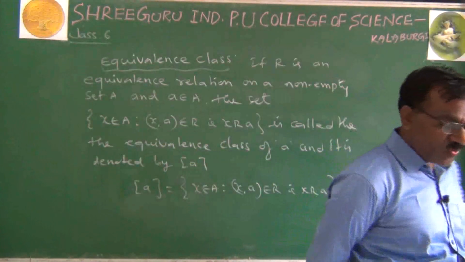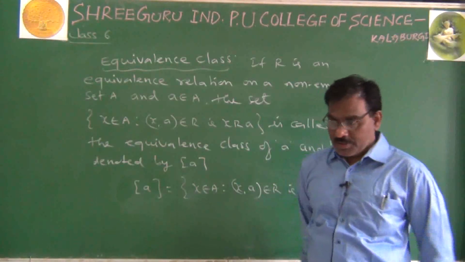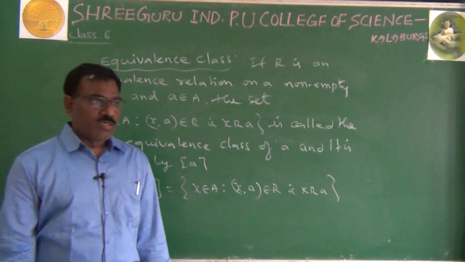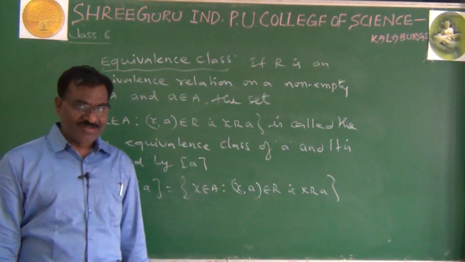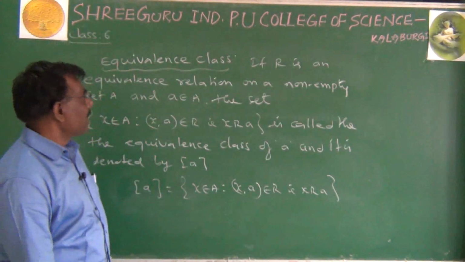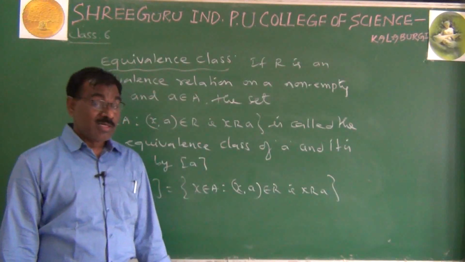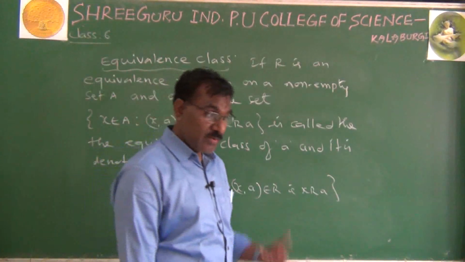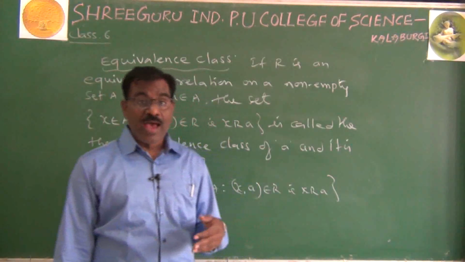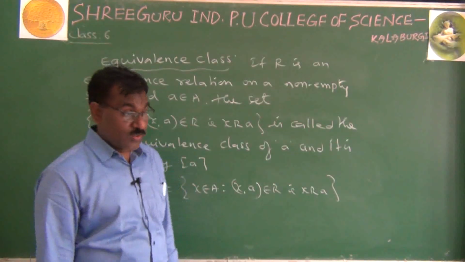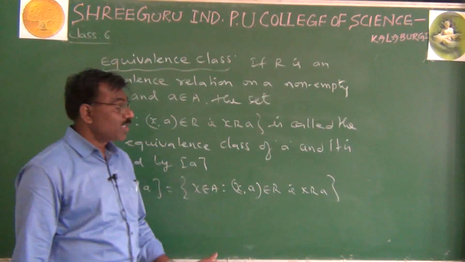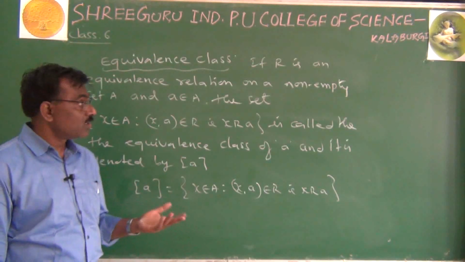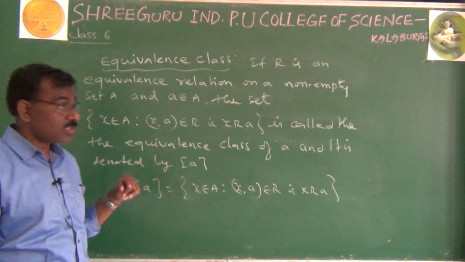And most important, sometimes in the problems: show that the relation R is an equivalence relation and find the equivalence class of 1, equivalence class of 2, equivalence class of 3, even sometimes equivalence class of the elements of the set. So repeating, my dear students, this is very important. Even in JEE Advanced and Main level, questions come on equivalence class.